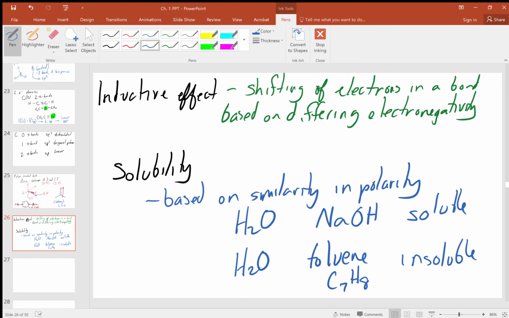And so if we want two things to be soluble, in general, we need similar polarities. So a nonpolar solute will be soluble in nonpolar solvents, whereas a polar solute will require a polar solvent in order to dissolve it.